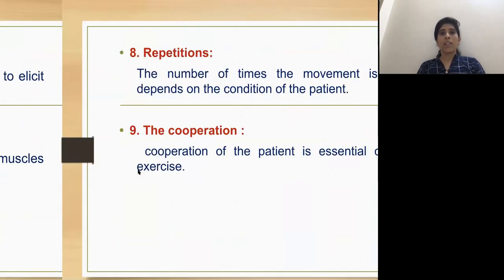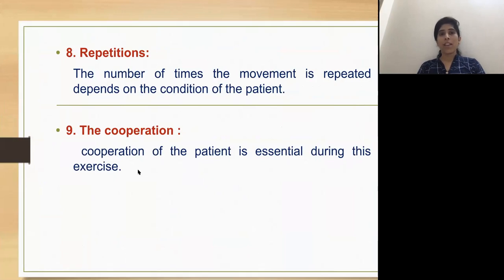Okay. And repetitions, the number of times we repeat the particular movement, should be decided beforehand, and gradually we have to increase the repetitions. And of course that depends on the patient's condition and the requirement of the particular muscle strength.